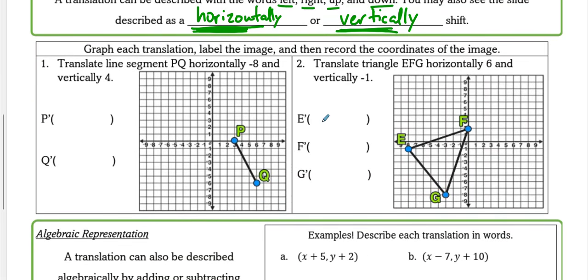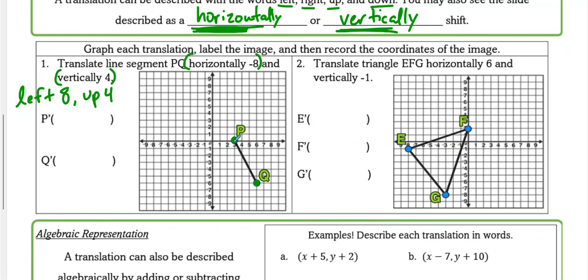So when I say I want to move this line segment PQ horizontally -8 and vertically +4, those instructions are really saying move those two points, horizontally -8 means move it left 8, and vertically +4 means move it up 4. So for each point, you're going to count using those instructions.